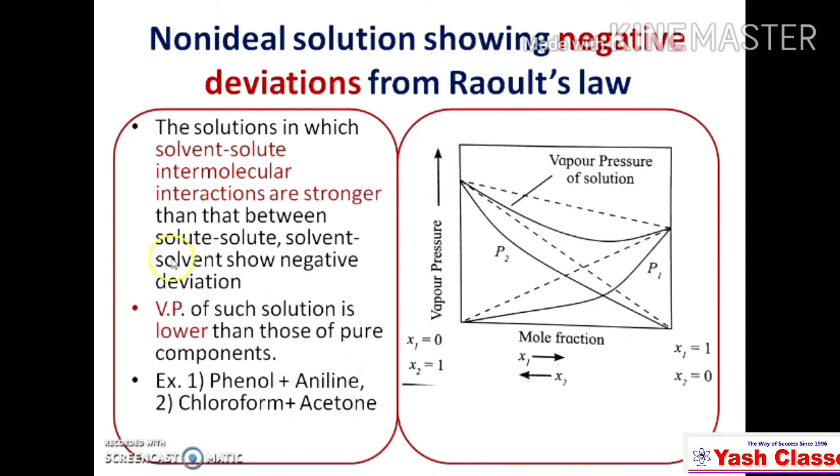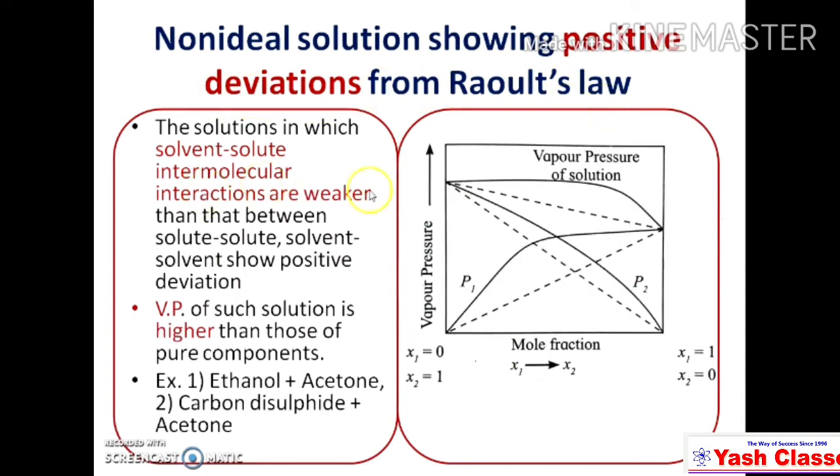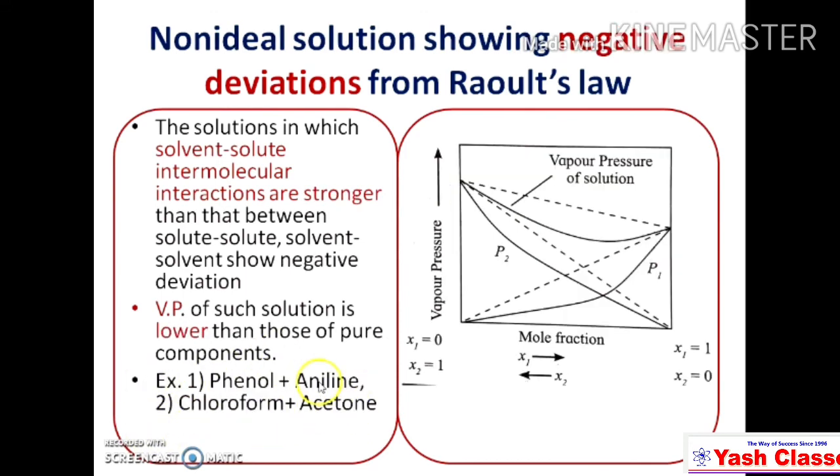Now, another type: a non-ideal solution showing negative deviation from Raoult's law. Actually, before that, what are the examples of non-ideal solutions showing positive deviation? Examples of such solutions are ethanol and acetone, and carbon disulfide and acetone. So these are the examples.